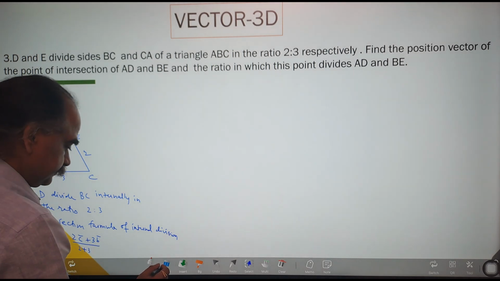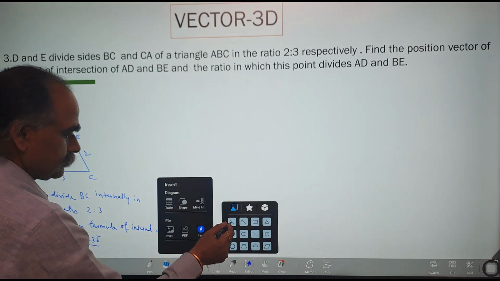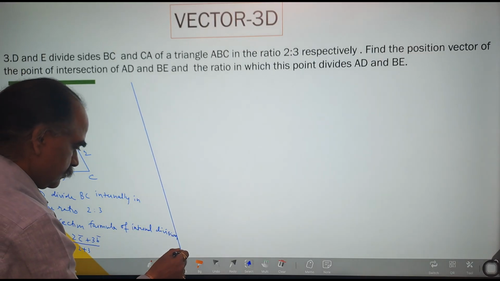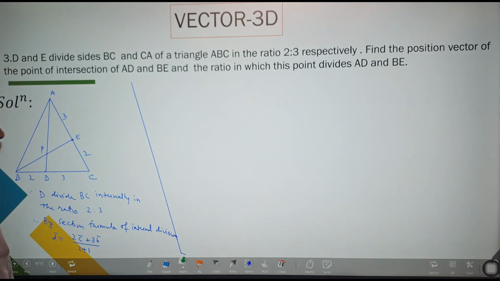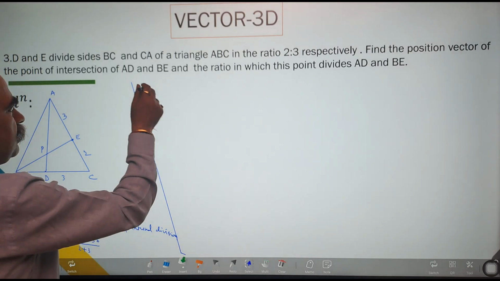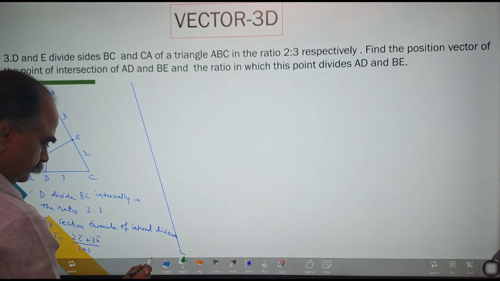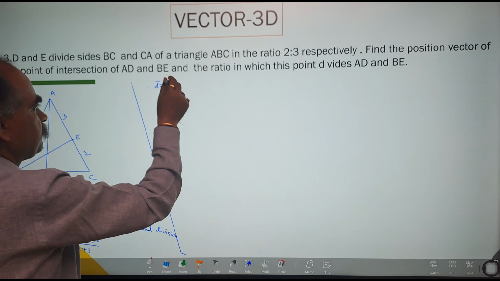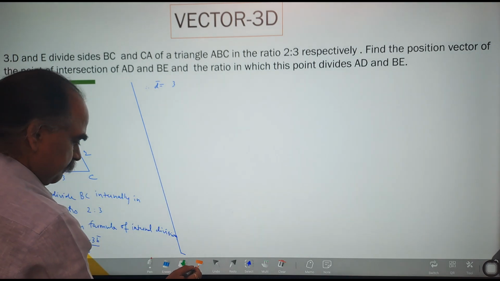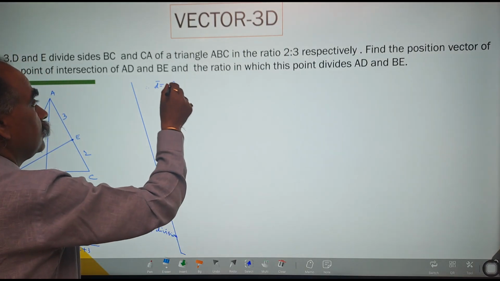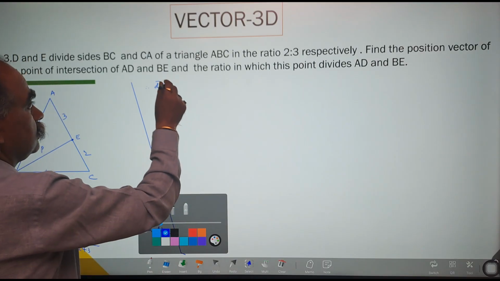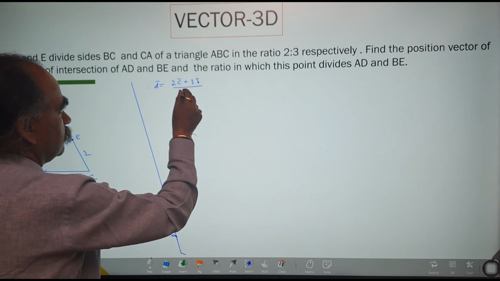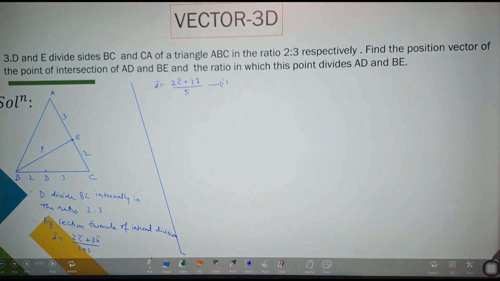Therefore D bar is 2C bar plus 3B bar upon 5. Write this as equation number 1.